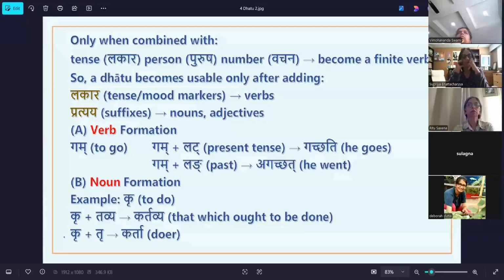These are called tense-mood markers, as we have seen, or pratyaya. Now, when we add pratyaya suffixes, dhatus can become nouns. Dhatus can become adjectives. Depending upon what you add, we will see examples later.